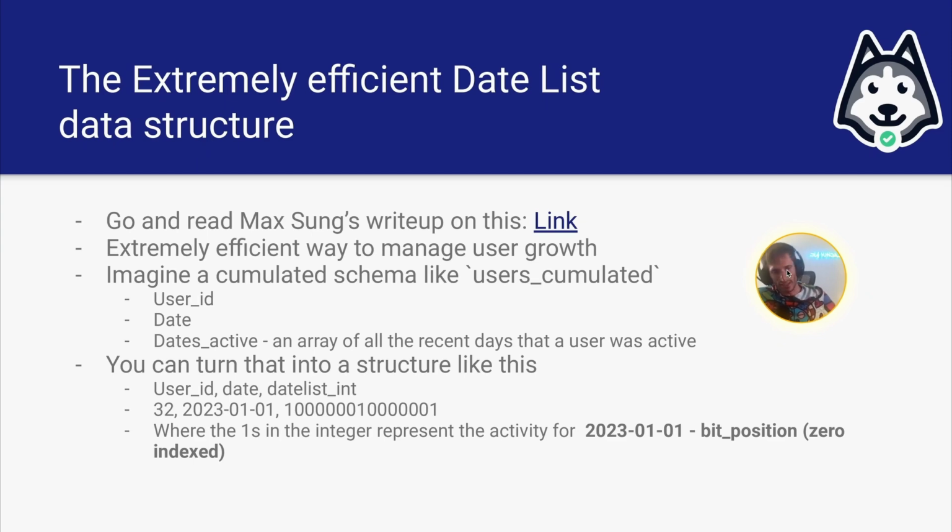Every day you have to look at the last 30 days of data, even though 29 of the 30 days haven't changed, only one has. That would be the very naive approach: every day process 30 days of data, do a group by, and see if they were active on at least one of the last 30 days.